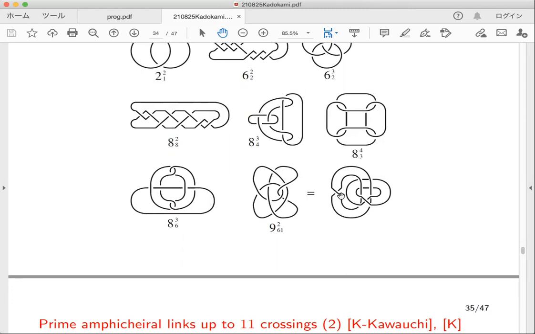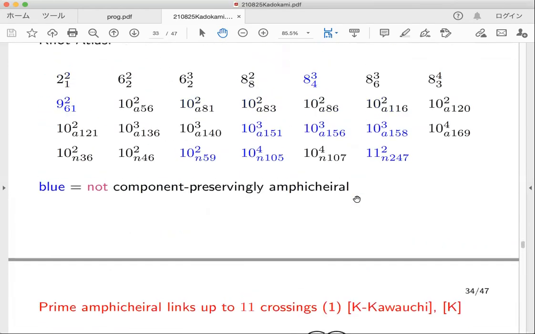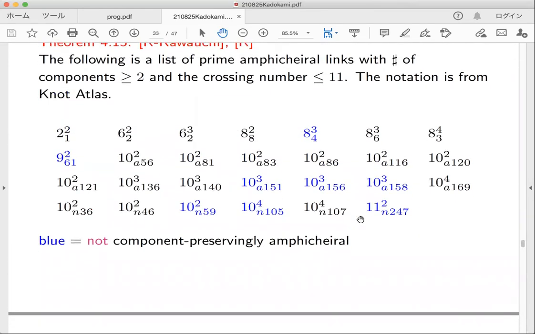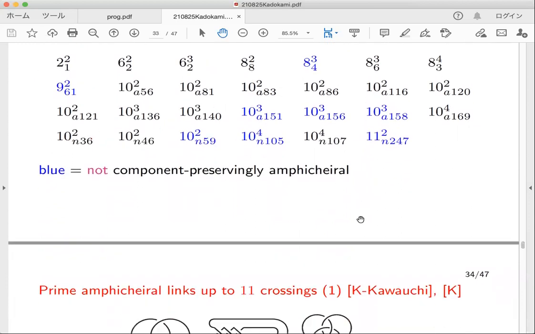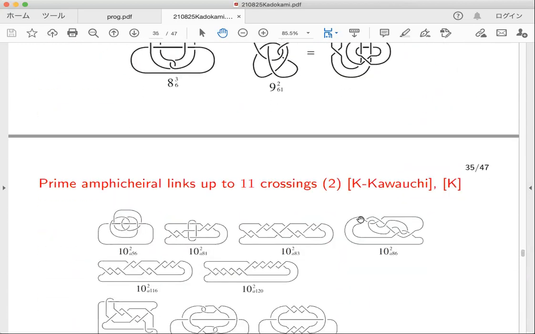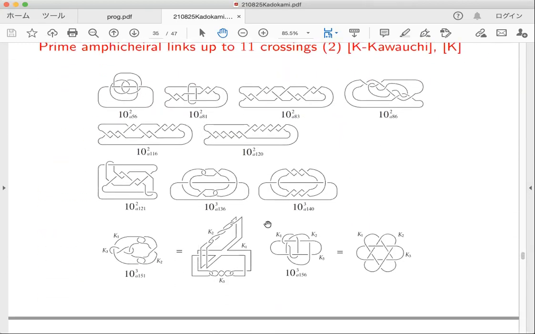After taking the mirror image, we can interchange components. And one more example, this one. This is Fleming.